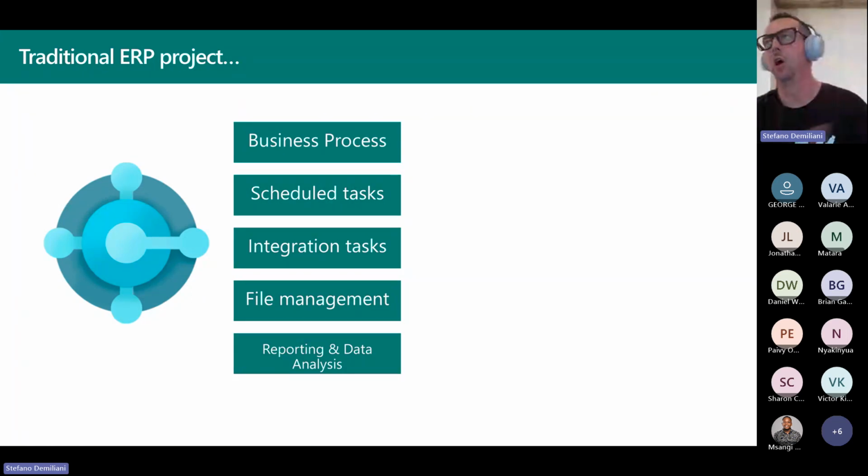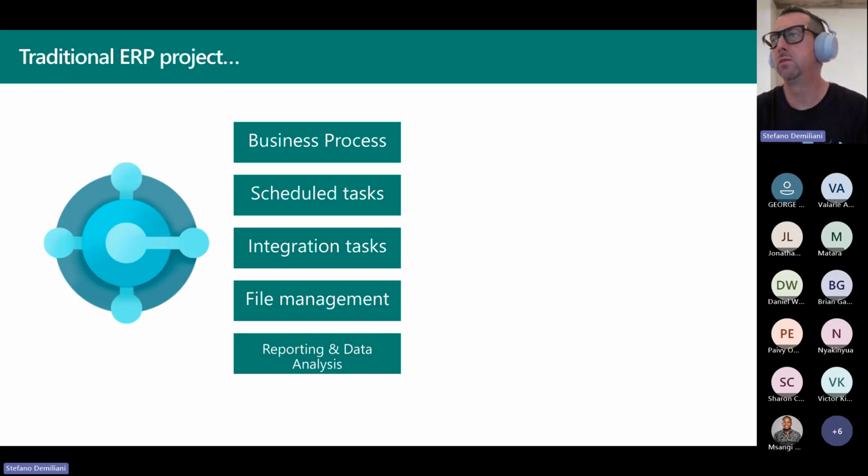Lots of stuff means obviously customization of business processes, then creating scheduled tasks, then creating tasks for integration with external systems or with other applications, creating procedures or applications for file management, and creating objects for reporting and data analysis.